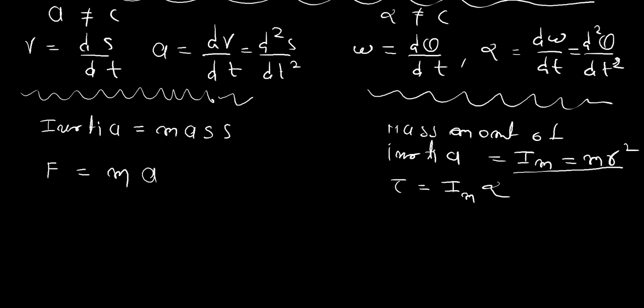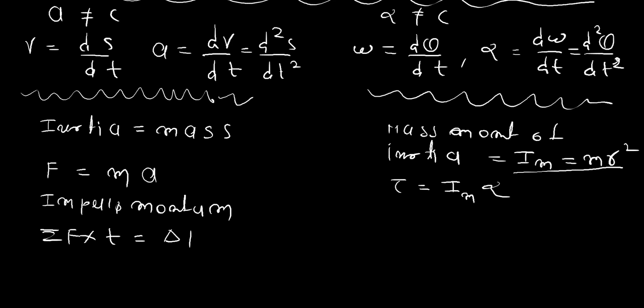If you recall the impulse momentum theorem in case of linear motion, we can write summation F into time, which is the impulse. When a large force is acting for a very short time, that produces the impulse, which is a product of force and time, and is equal to change in its momentum.